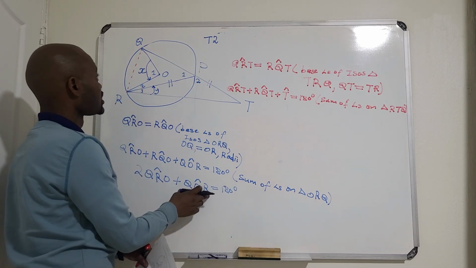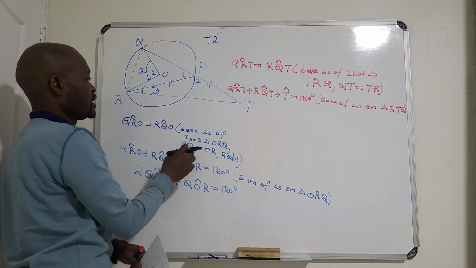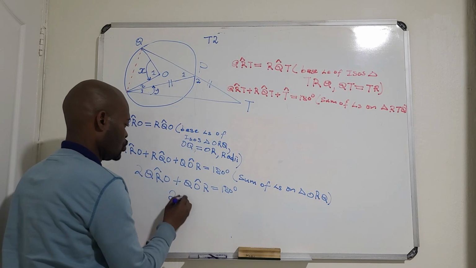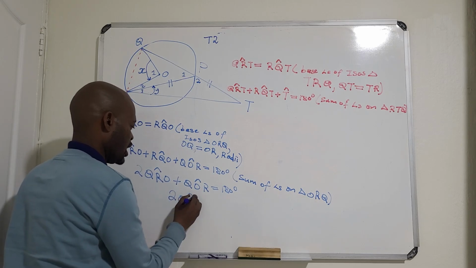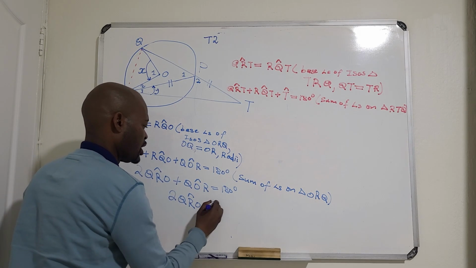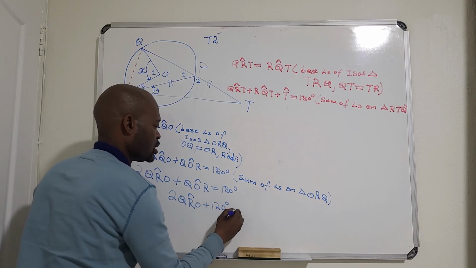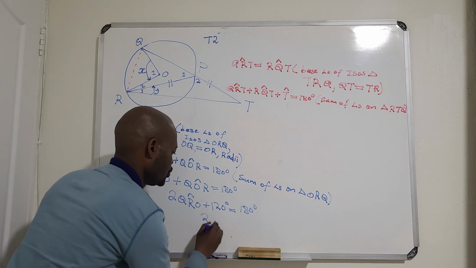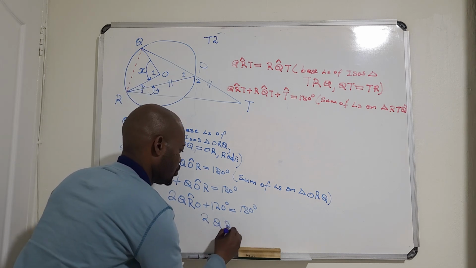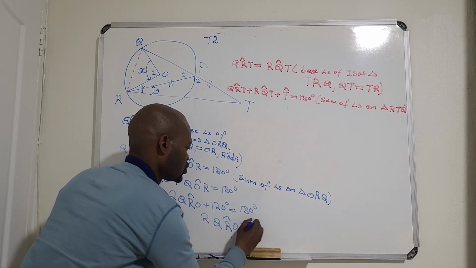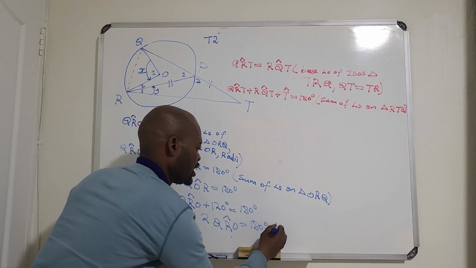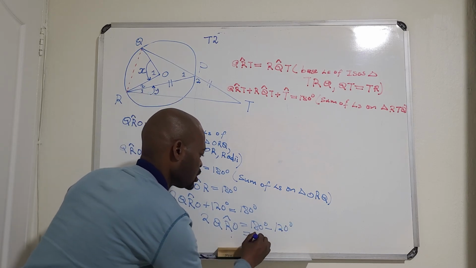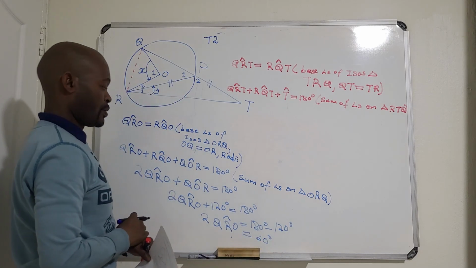We know that this is 120. We are told that this is 120. Therefore, 2 angle QRO plus 120 is equal to 180 degrees, so angle QRO is equal to 180 minus 120, which is 60 degrees.